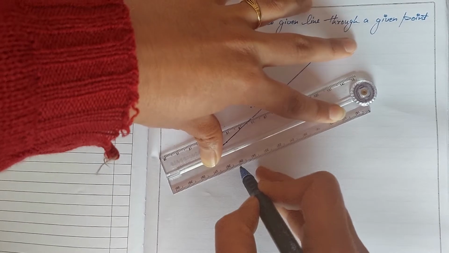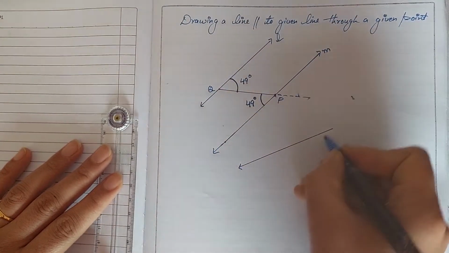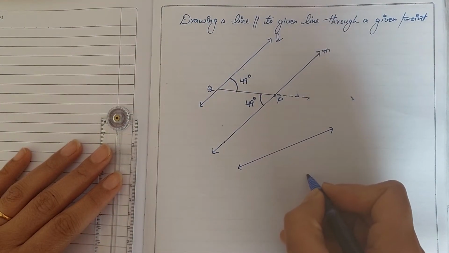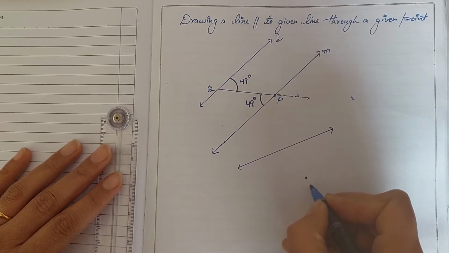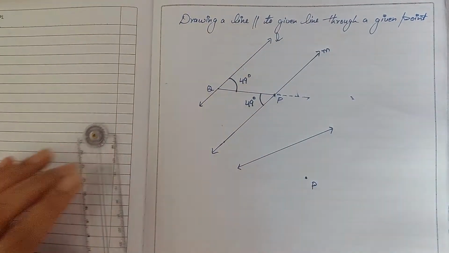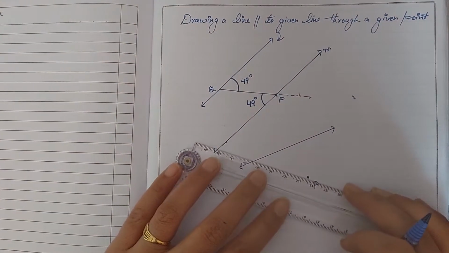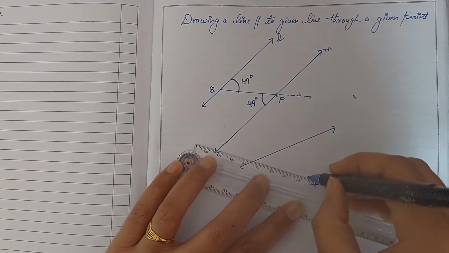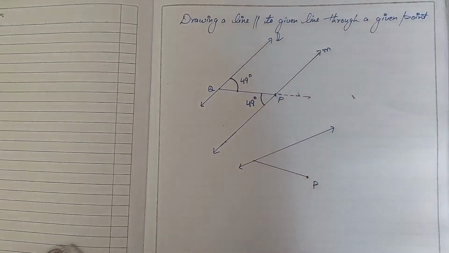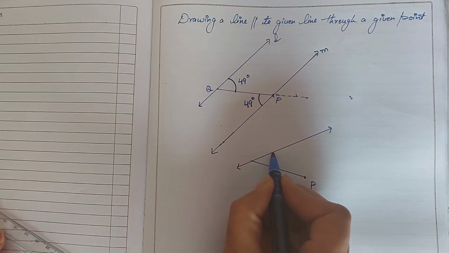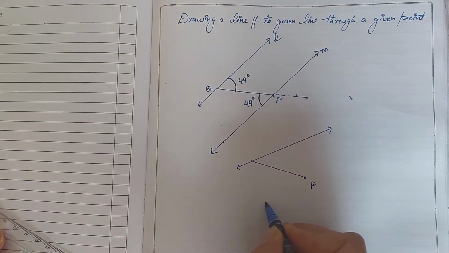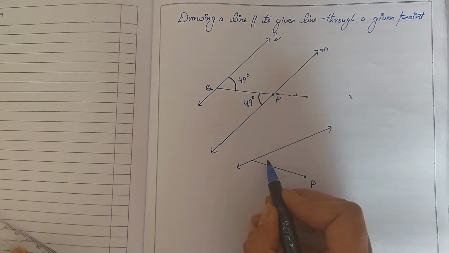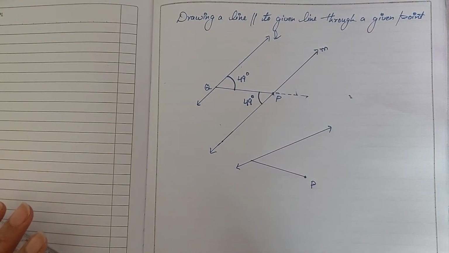Let me take one more line. Suppose this is the line and this is the point here. Again I'm drawing the transversal. Now we'll make this angle here again, but this time we're not going to use a protractor.